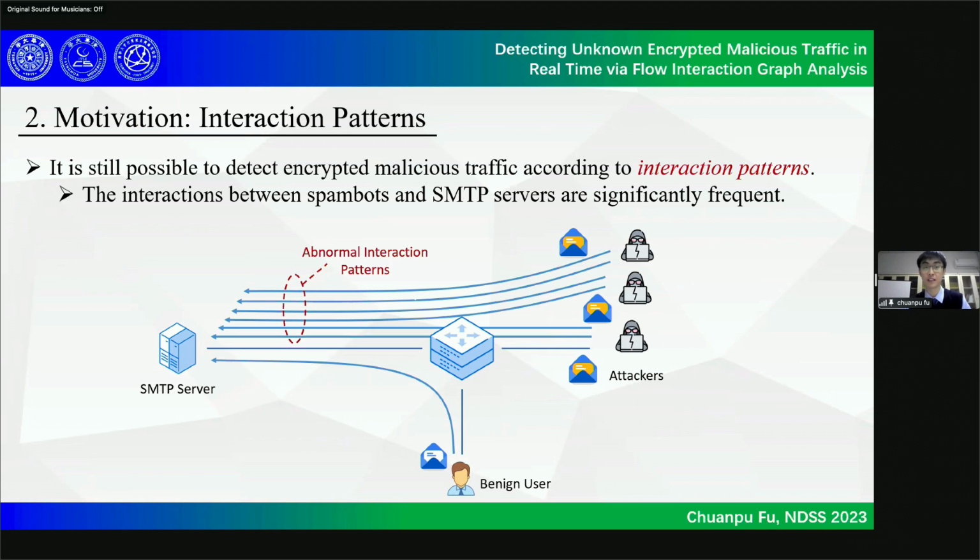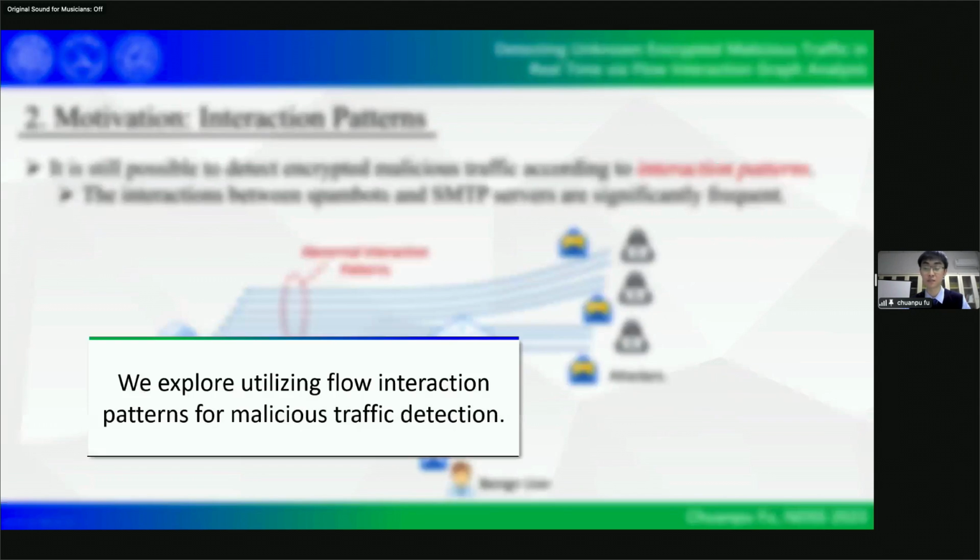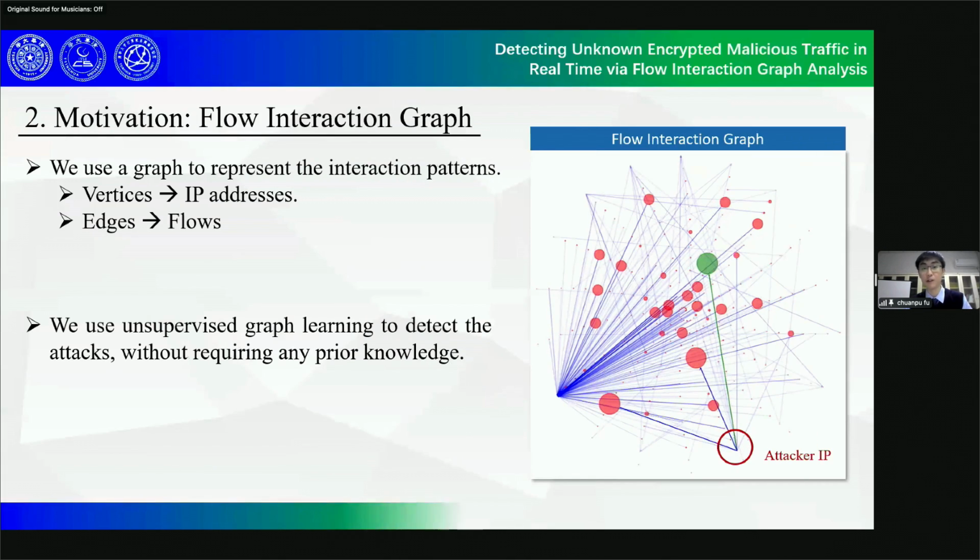Based on this observation, in this work, we set out to explore utilizing the interaction patterns among flows for malicious traffic detection. For this purpose, we designed the flow interaction graph. It represents interaction patterns as graph structural features. On the graph, vertices denote IP addresses and edges denote flows.